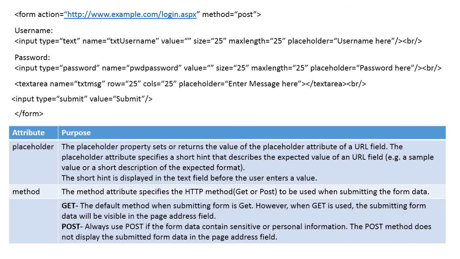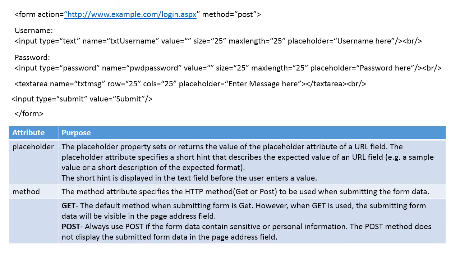So we have the method. The method attribute specifies the HTTP, that is hypertext transfer protocol, method, GET or POST, to use when submitting the form data. GET is the default method when submitting a form.